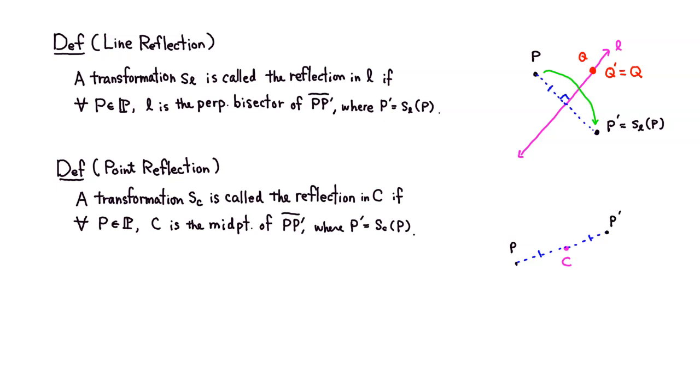So the point reflection sends P to P prime this way. As you can see, if you apply point reflection to the point C, it's going to be exactly the same. Maybe I'm going to just write it as C is exactly the same as C prime.